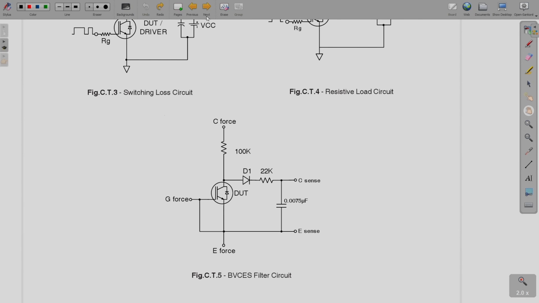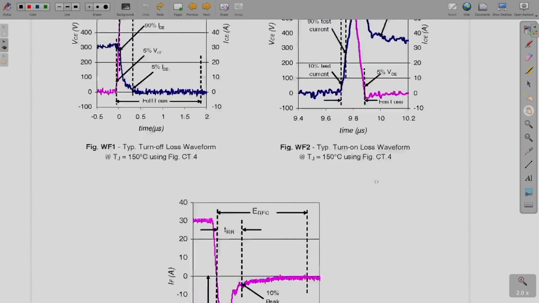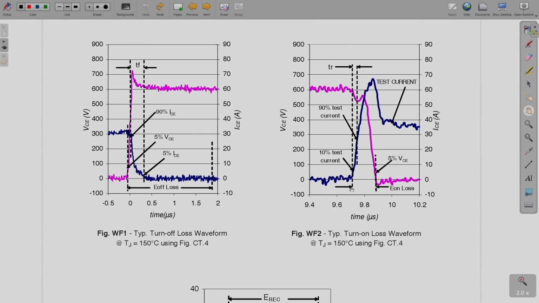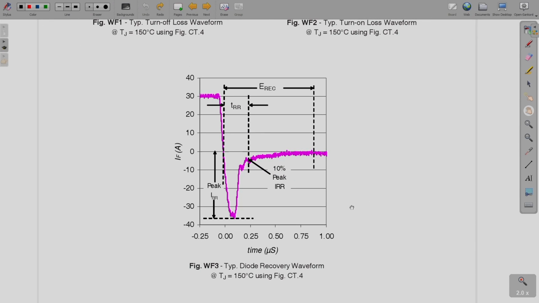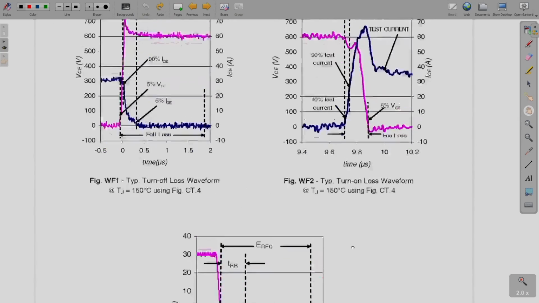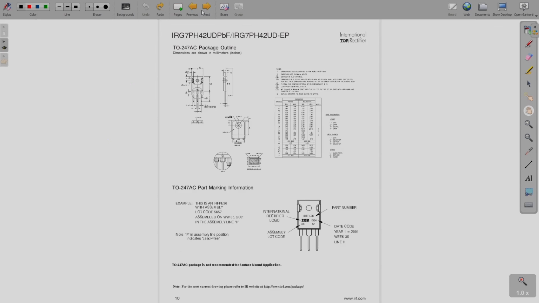So, that is what is provided here. Then the manufacturer also has given different waveforms that they observed. So, those results are provided here. You can see that this is the diode reverse recovery waveform, and then the turn on loss waveform and turn off loss waveform.